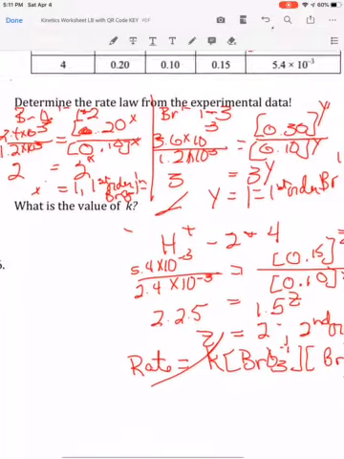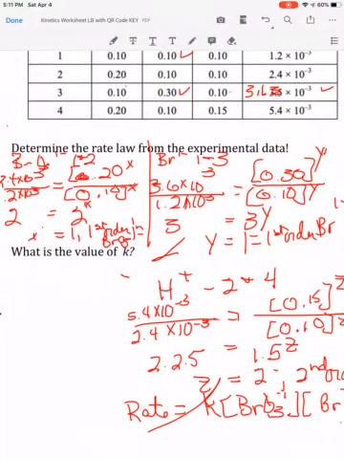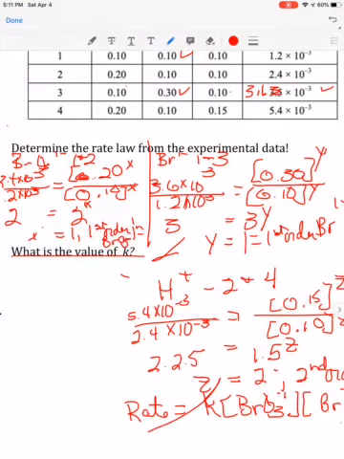We have one more part of this problem where it asks us to solve for the value of k. The value of k can be solved by using any line of data. And I'm going to cheat a little bit on this one.